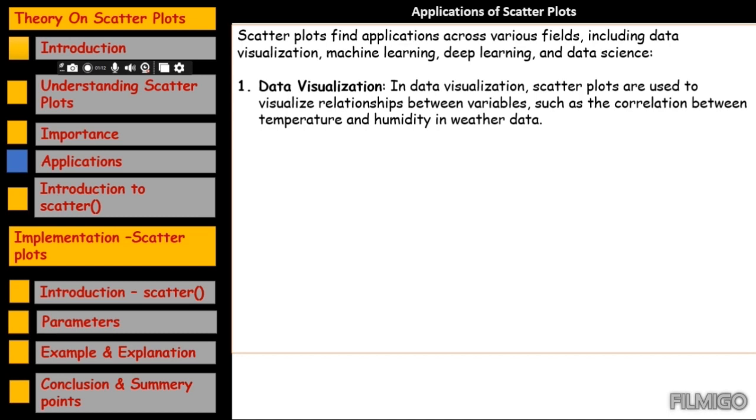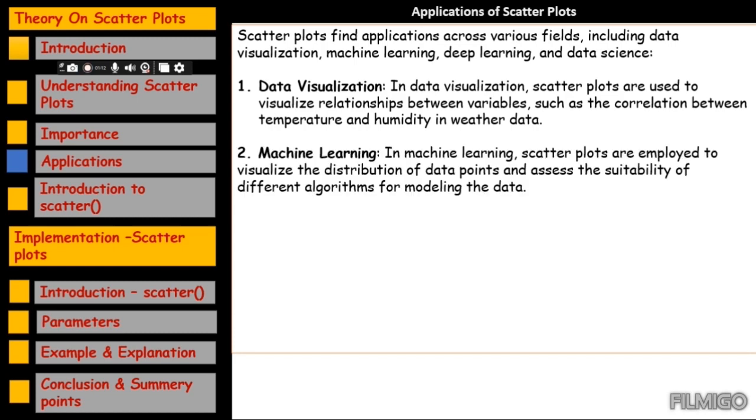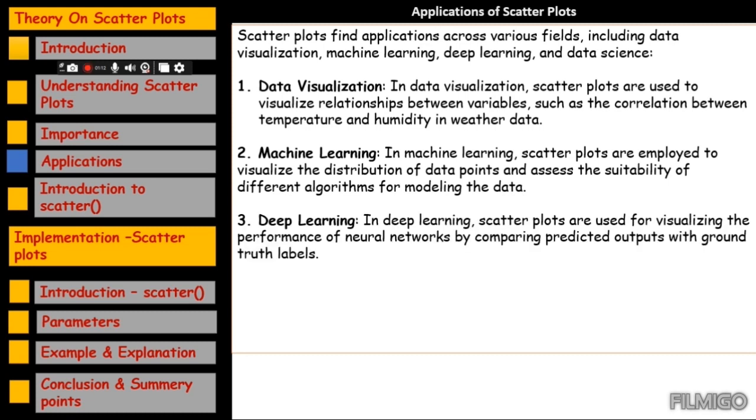Machine learning: scatter plots are employed to visualize the distribution of data points and assess the suitability of different algorithms for modeling the data. Deep learning: scatter plots are used for visualizing the performance of neural networks by comparing predicted outputs with ground truth labels.